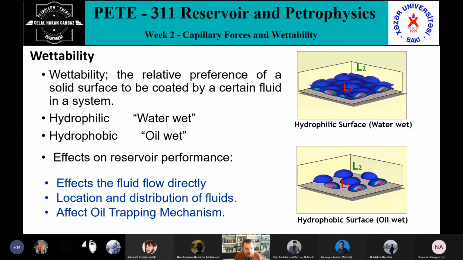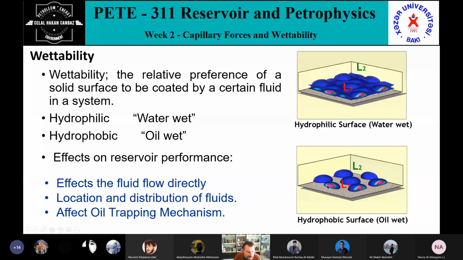So what happens on a hydrophilic surface? When you spread your water, it has a tendency to directly spread on your surface, in a water wet situation. If it is an oil wet rock, what happens? Your rock will not like your water, because it likes oil. So L2 is oil, L1 is water here.